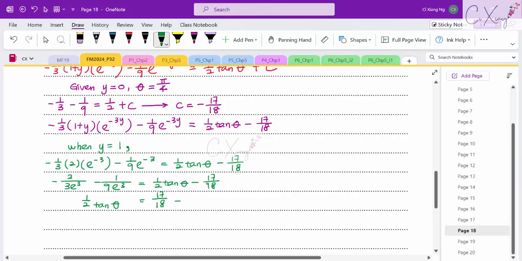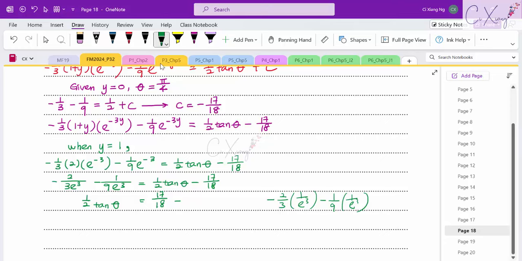Then minus, okay, so for these two terms, basically you're having negative 2 over 3 e power negative 3 minus 1 over 9 e power negative 3, something like that. So what you can do now is you can try to simplify the term here, negative 2 over 3 minus 1 over 9. So you'll be having negative 7 over 9. So I'll be having 7 over 9 with 1 over e power 3.